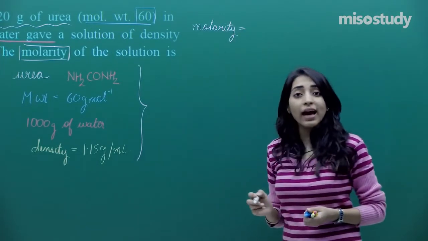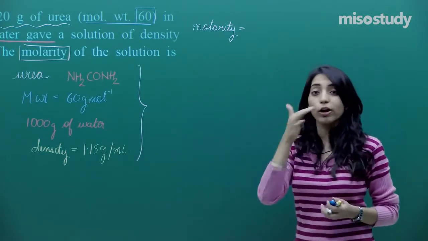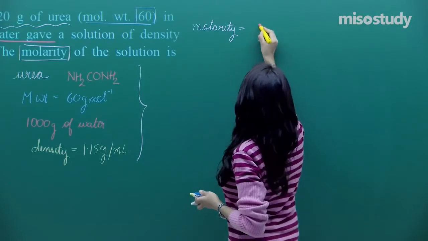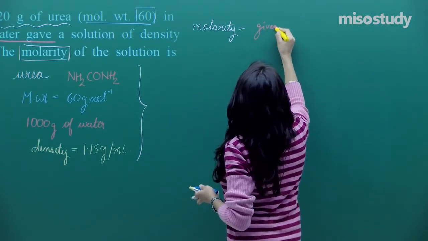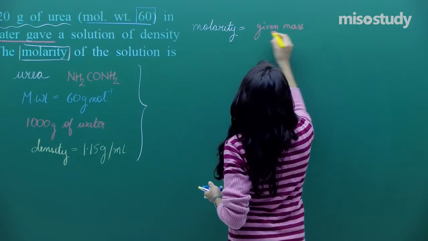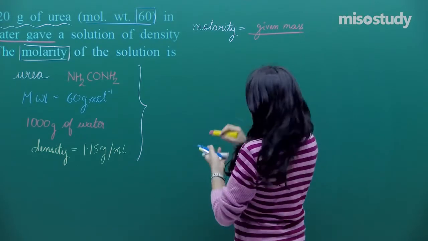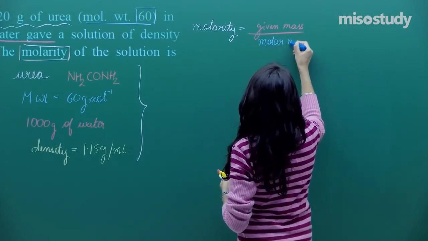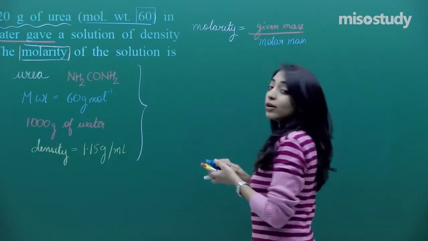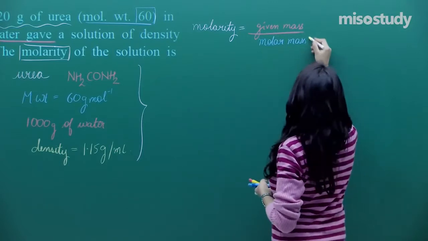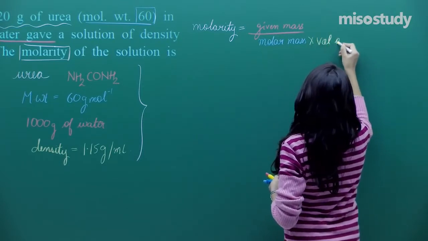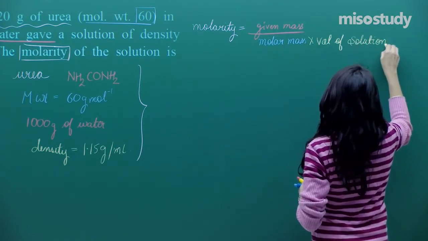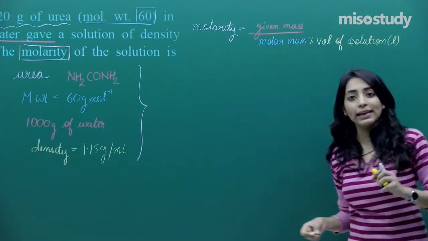Guys, how do we write the molarity? Molarity is number of moles of solute divided by volume of solution in liters. The number of moles of solute can further be written as given mass divided by molar mass, and the whole is to be divided by the volume of solution in liters.